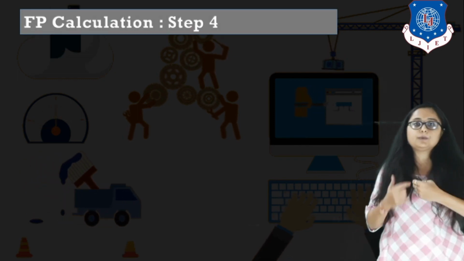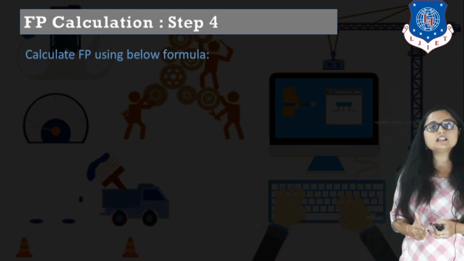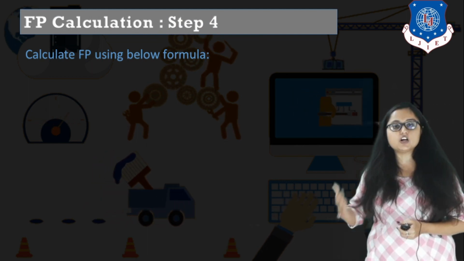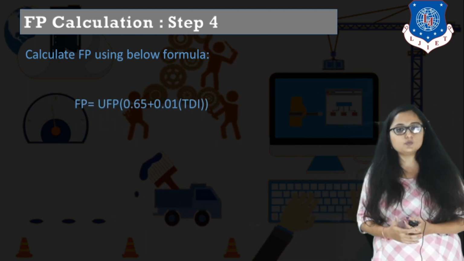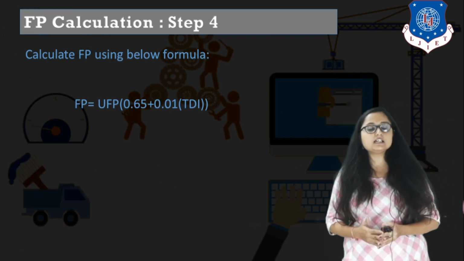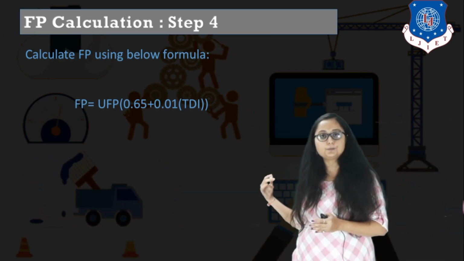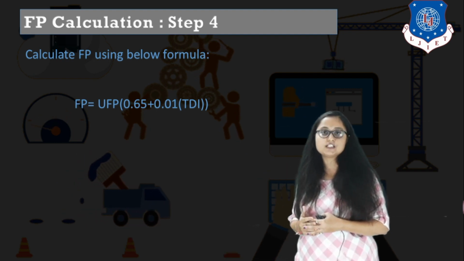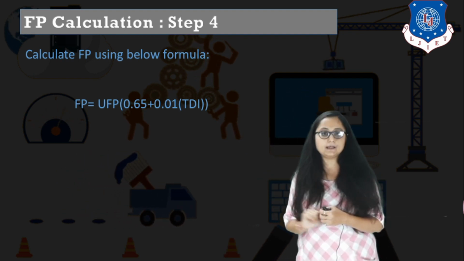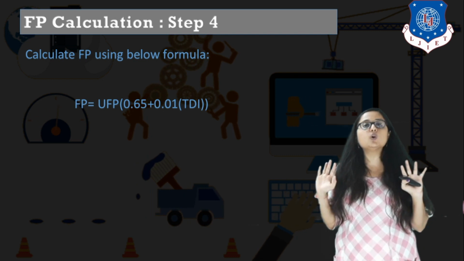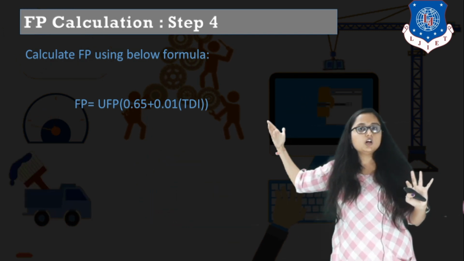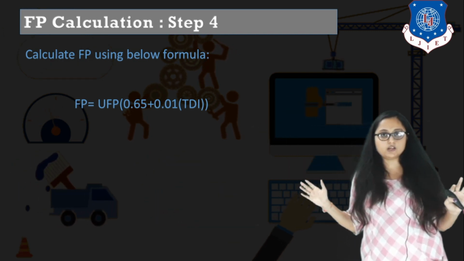Now we are jumping to step number 4, and that is your calculation of FP, function point, using the actual formula. The formula is FP equal to UFP into (0.65 plus 0.01 into TDI). Now here there are only two unknowns in the formula. You need to memorize this formula, there is no other way, right?